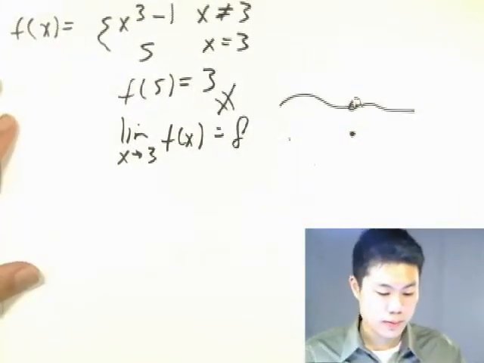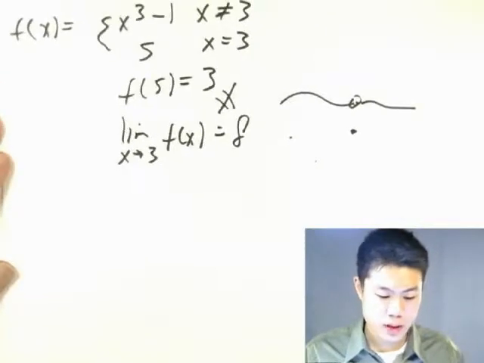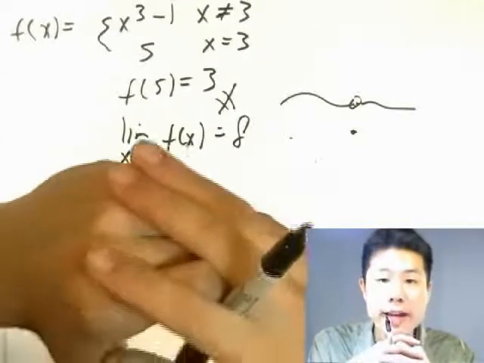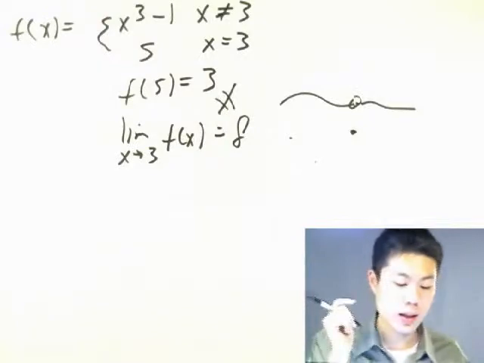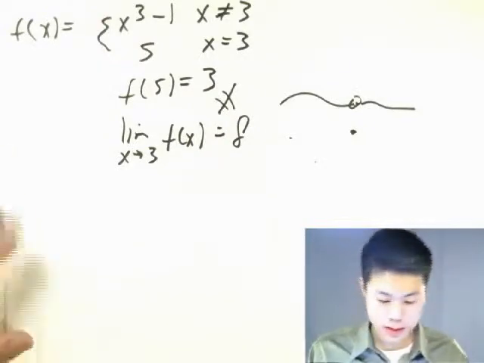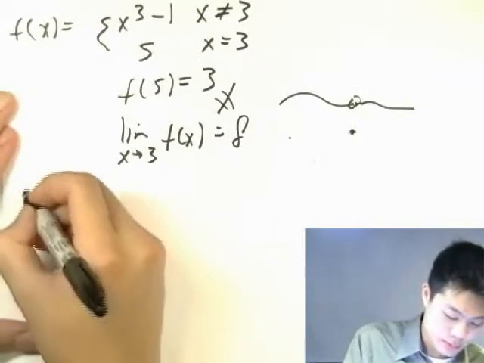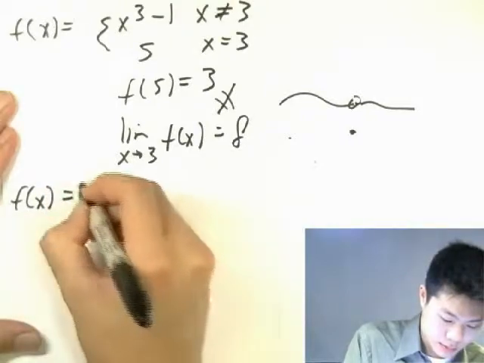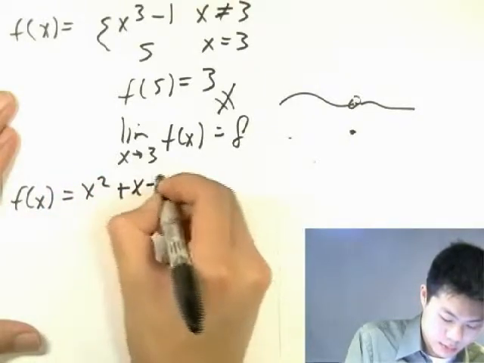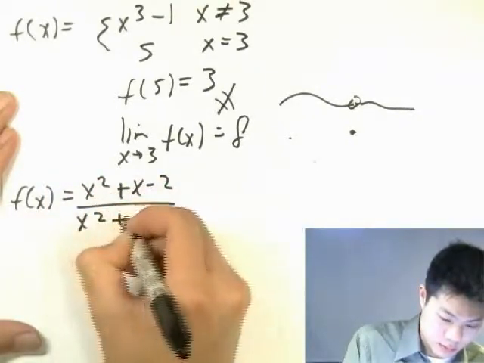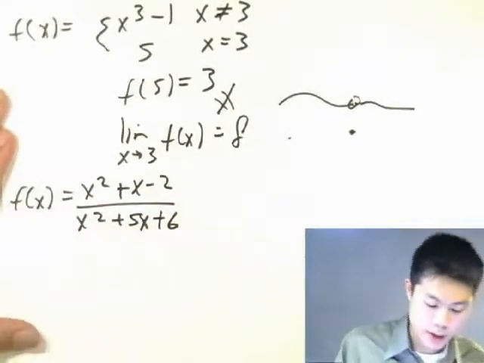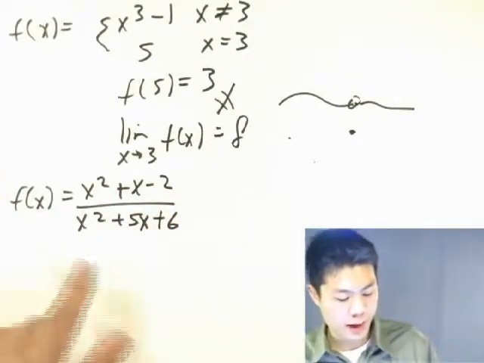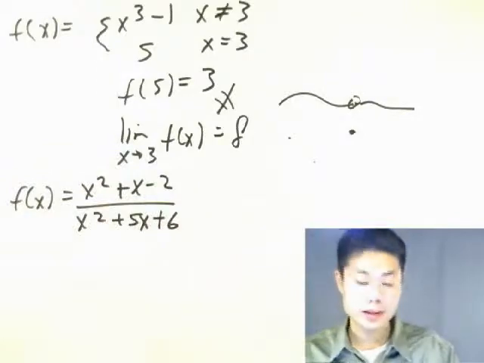Right, so remember that any graph can have more than one discontinuity. So say I had this graph here: x squared plus x minus 2 all over x squared plus 5x plus 6.